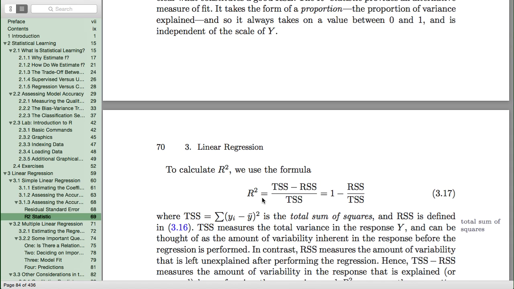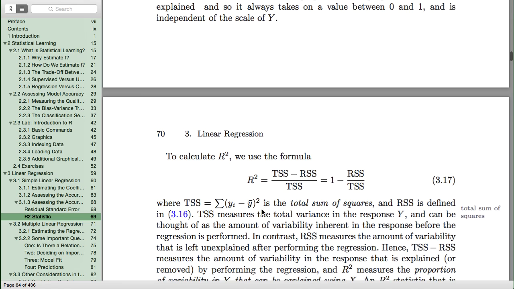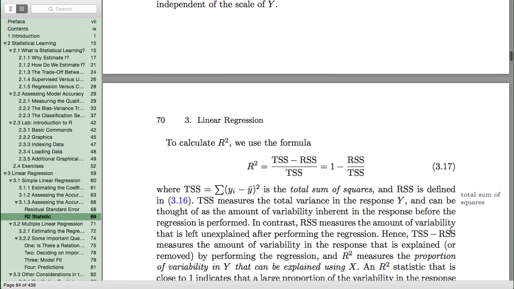Now, TSS minus RSS measures the amount of variability, and R squared is the proportion, the fraction ranging from 0 to 1, of variability that can be explained by this model.